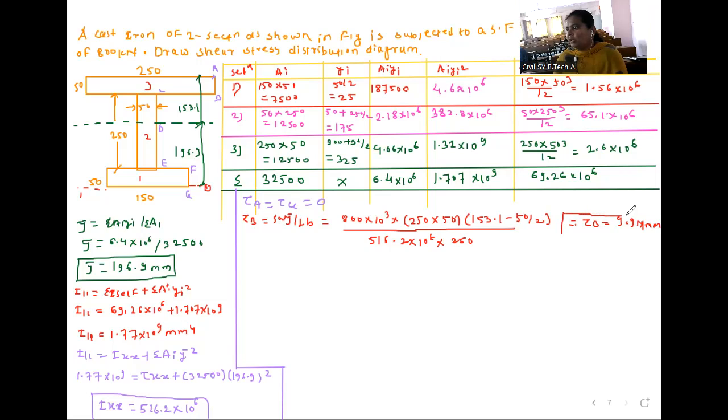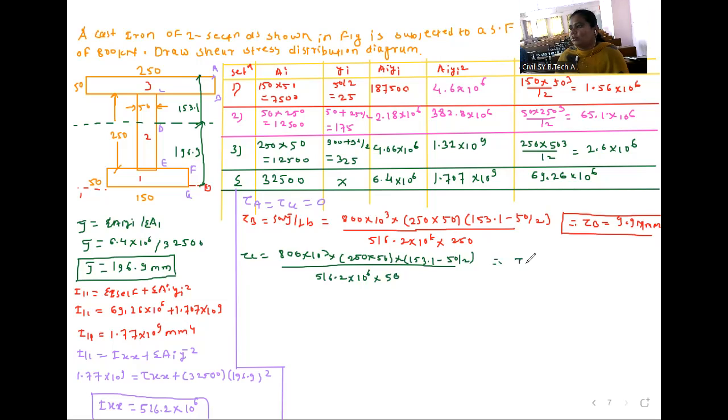After that you have to calculate shear stress at C. Other values are the same, only this 250 will be changed. So tau C is equal to 800 into 10 raised to 3 into 250 into 50 into 153.1 minus 50 by 2, then divided by 516.2 into 10 raised to 6 into 50.